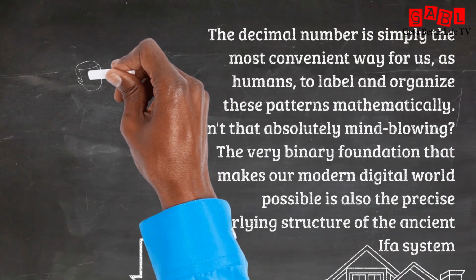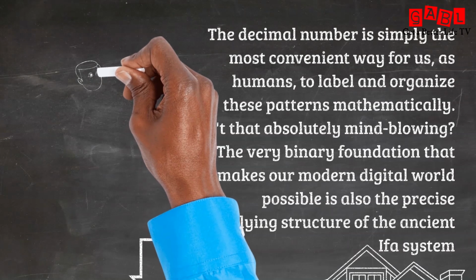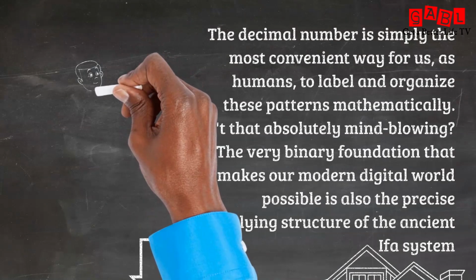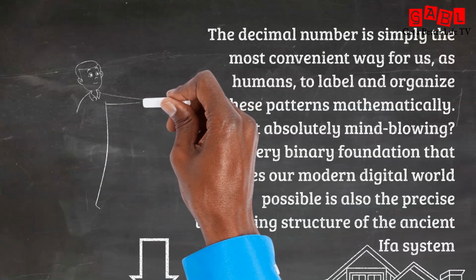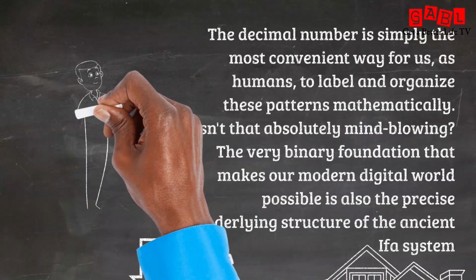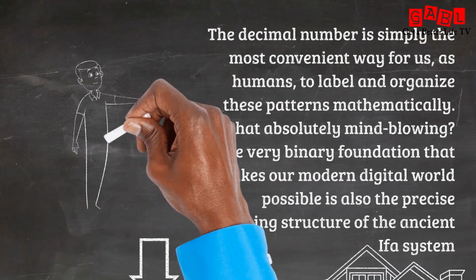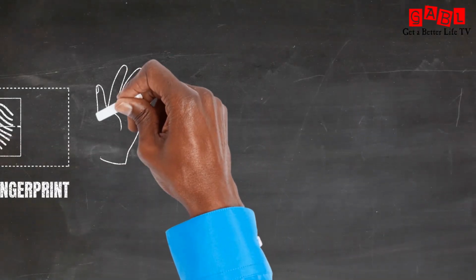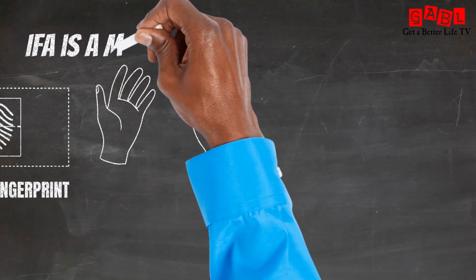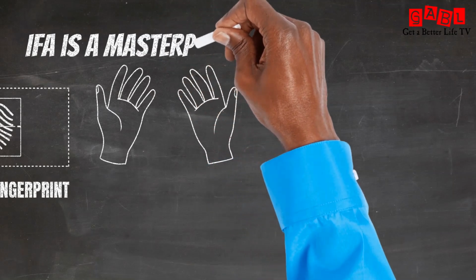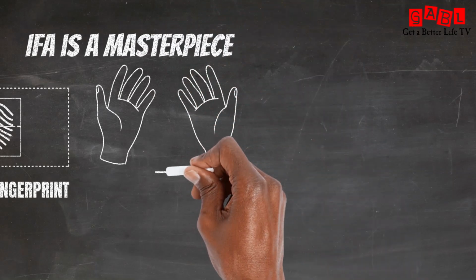Isn't that absolutely mind blowing? Yes, it is. The very binary foundation that makes our modern digital world possible is also the precise underlying structure of the ancient Ifa system. Each Odu's decimal number is a distinct mathematical fingerprint, allowing it to be systematically ordered and understood.